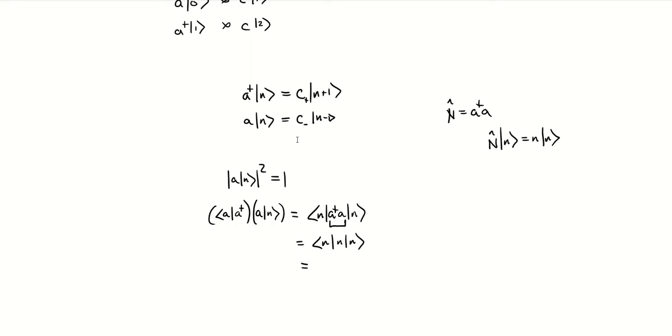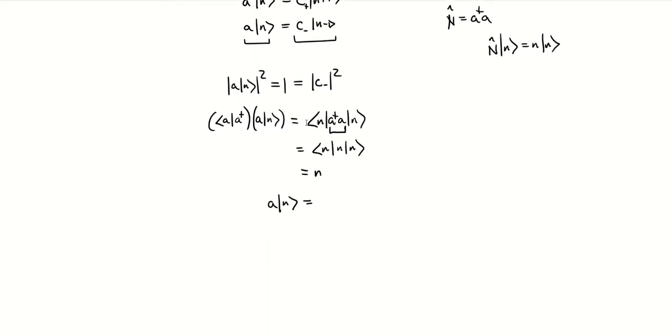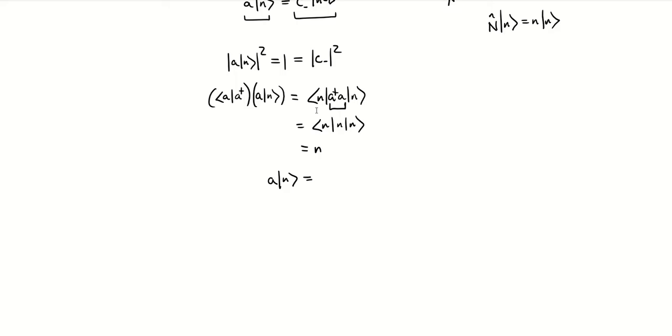So if we take the lowering operator acting on that n state, we end up getting n. And this should also be equal to that normalization constant squared, from the other side of the equation. So for our lowering operator acting on an n, the normalized state it produces is just the square root of n times the n minus 1 state.